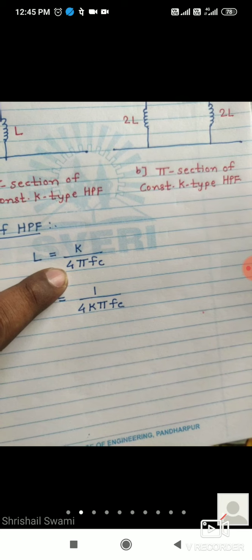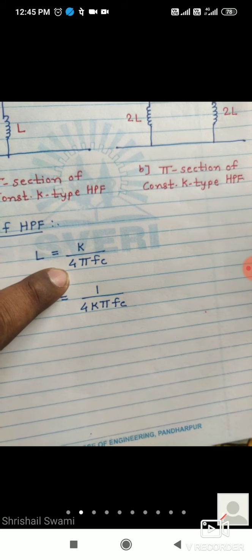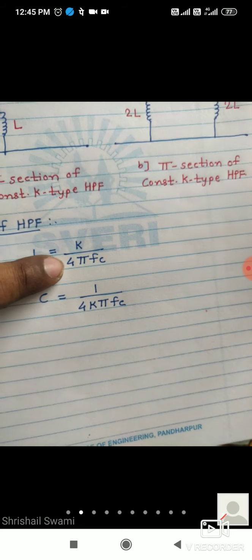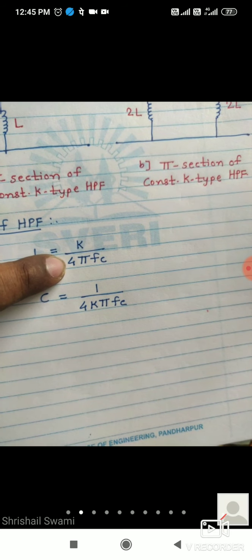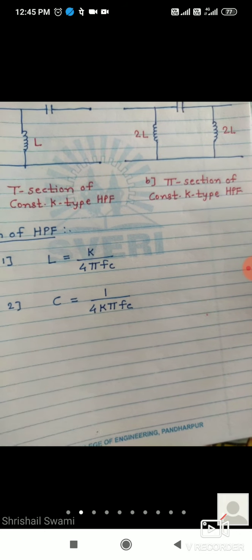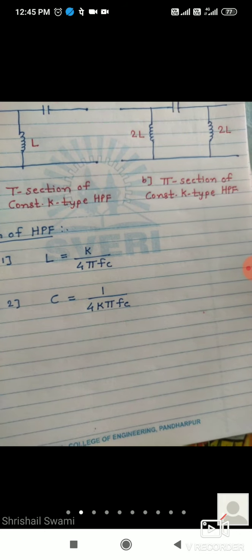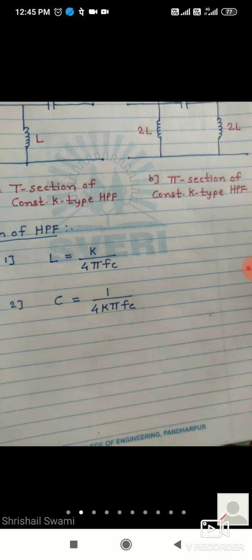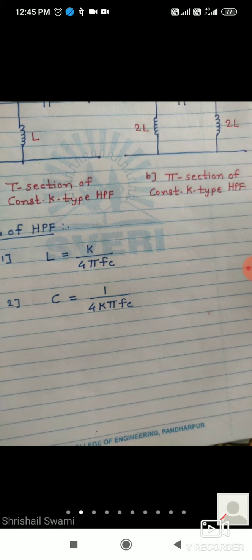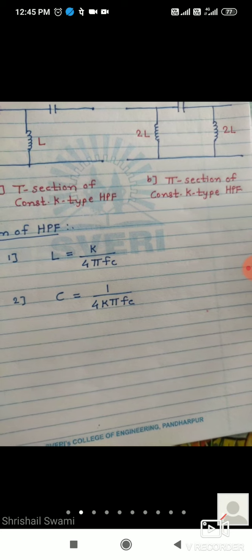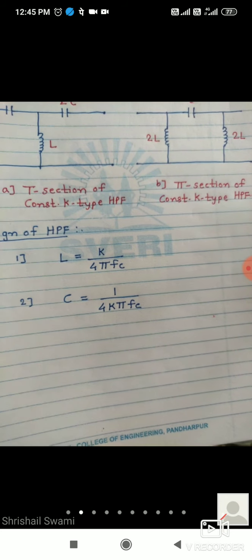So 4 is multiplied in the denominator. If you compare the formulas with the low pass filter, only 4 is multiplied in the denominator in the case of the high pass filter. So if you remember the formulas of the low pass filter, you can recall the formulas of the high pass filter. Understood? There is no need to remember the formulas of the high pass filter directly. Low pass filter वरनं तुम्हाला high pass filter चे formulas derive करता येतात.